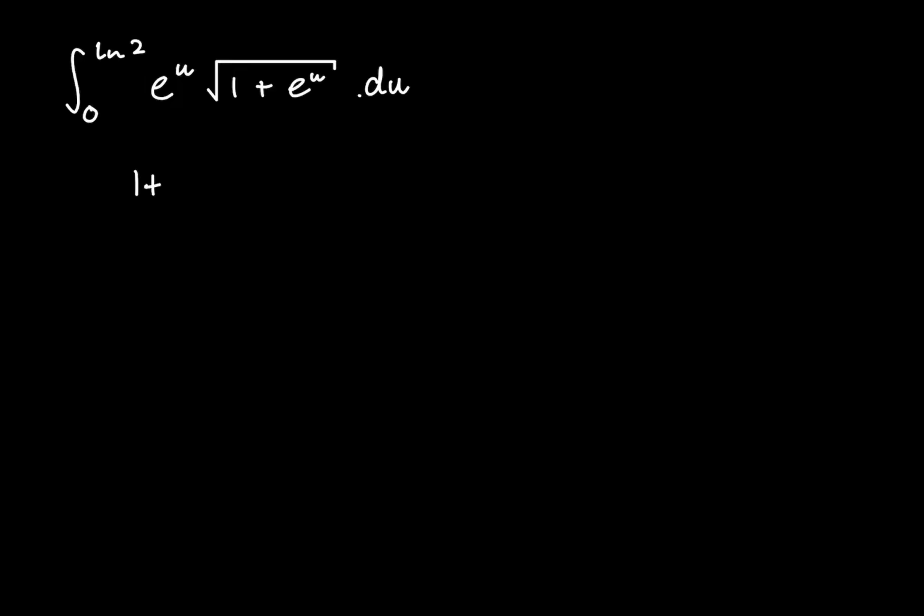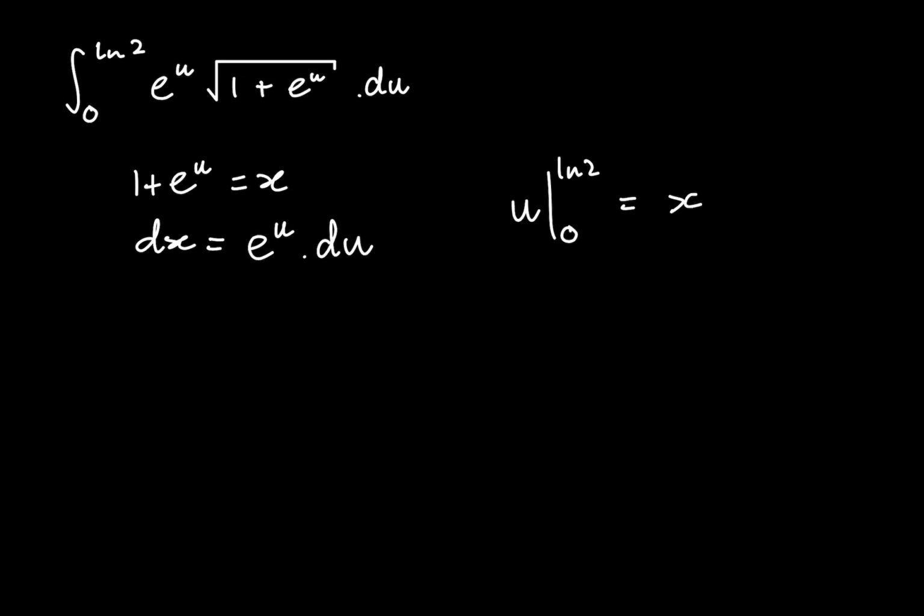Let's make 1 plus e to the power of u equal to x. So that means that the derivative of x in terms of u is going to be e to the power of u. Okay, now since we're integrating u from 0 to the natural log of 2, we will now be integrating x from, so we substitute in 0 into this equation, and we say 1 plus e to the power of 0 is equal to 1 plus 1, which is equal to 2.